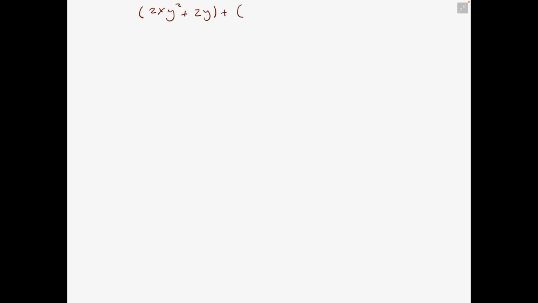Let's see. There are 11 of these problems, so I don't want to waste much time moving on. This one is a little longer. This is the fourth example. 2xy squared plus 2y plus 2x squared y plus 2x dy dx equals 0.